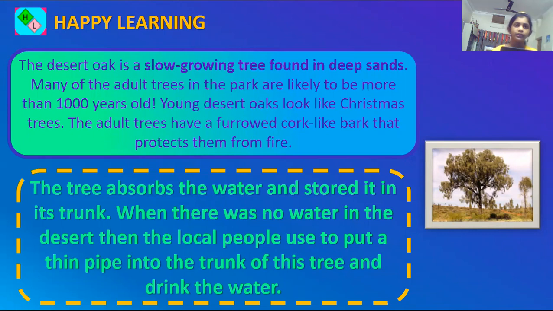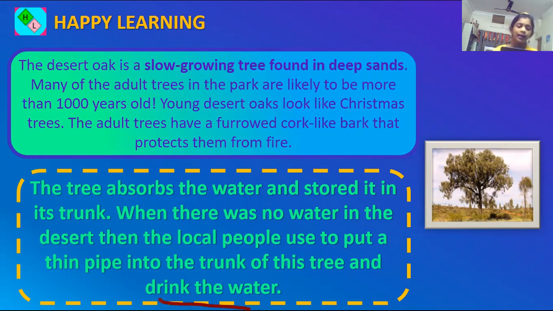So the question is asking why local people put a thin pipe in its trunk. Because the tree absorbs the water and stores it in its trunk. When there was no water in the desert, the local people used to put a thin pipe into the trunk of this tree and drink the water.